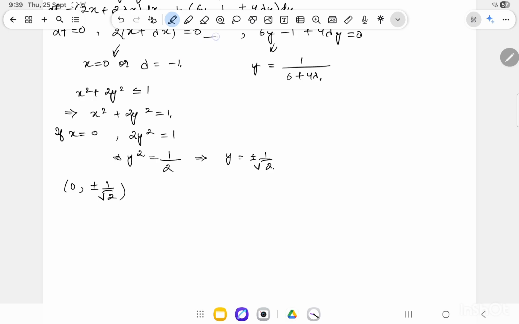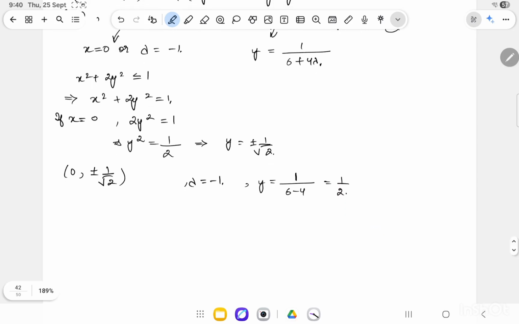Likewise, from the first equation, I got my lambda equal to minus 1. So if my lambda is minus 1, then my y will be basically 1 by 6 minus 4, that is 1 by 2.